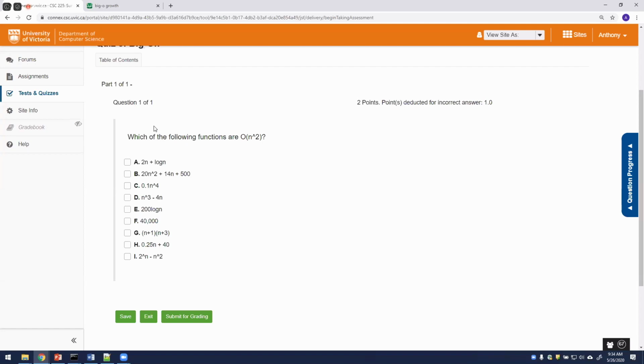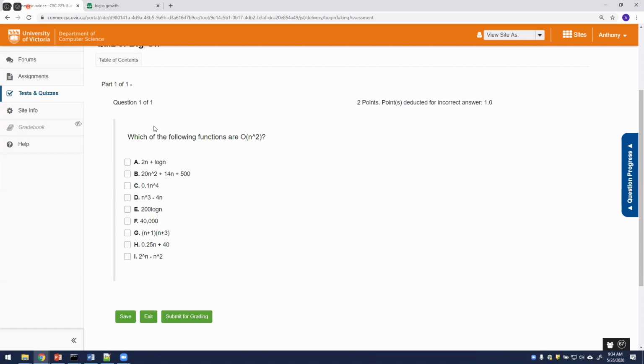And question 5 is just a small extension to question 4. Again, if we've got 3 log n plus log of log n, what we might realize is that log n is greater than or equal to log of log n for all n greater than or equal to 1.